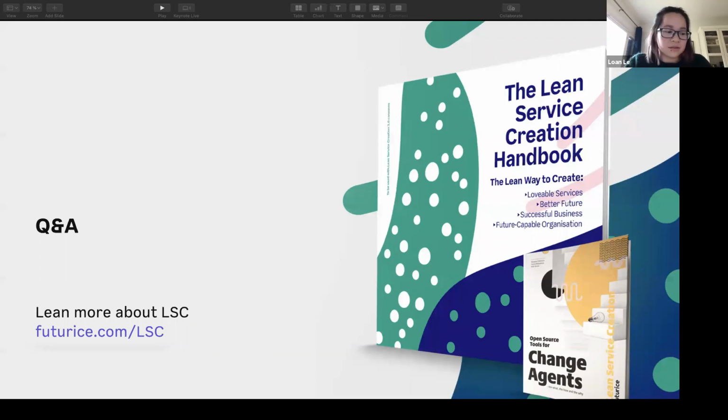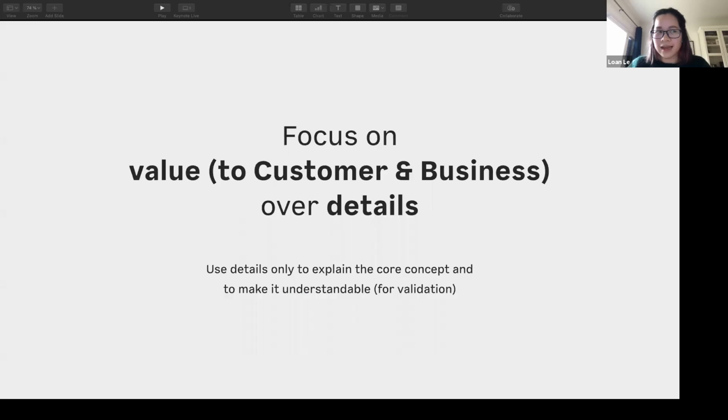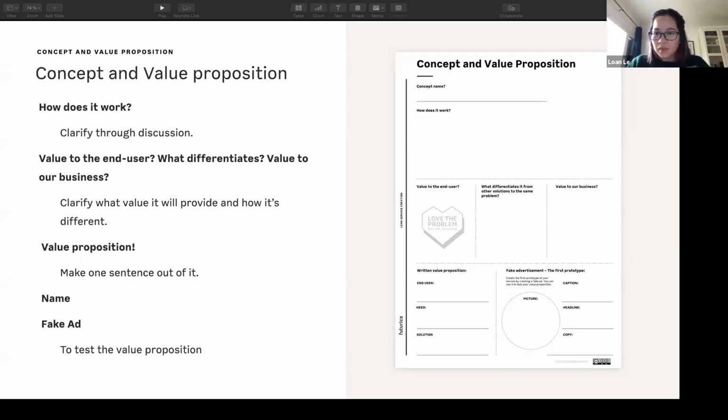Because the use of fake ads is usually within the workshop itself. If I talk about the common set that we used before with 3 steps, that we call the lean service creation crash course, in there we usually work on this canvas at the end, and then at the end you would share your concept to everyone in that course and try to explain that concept with your fake ad.